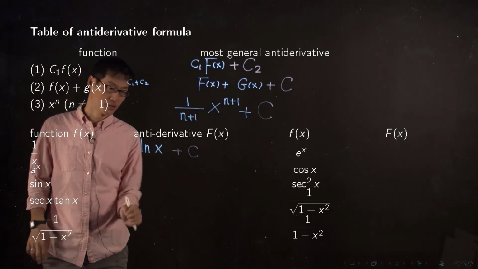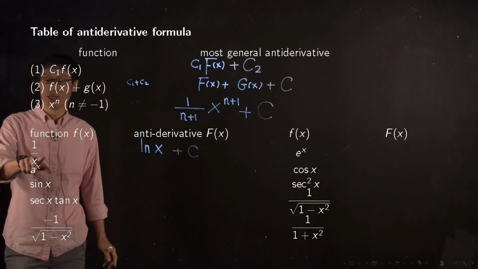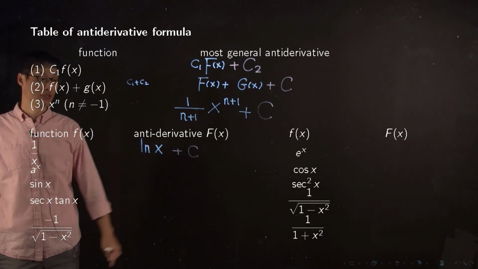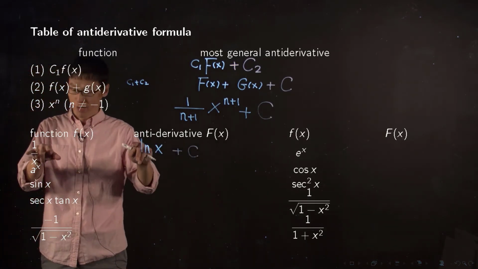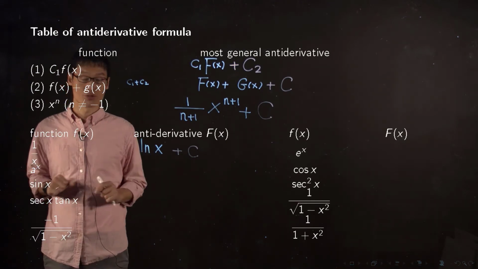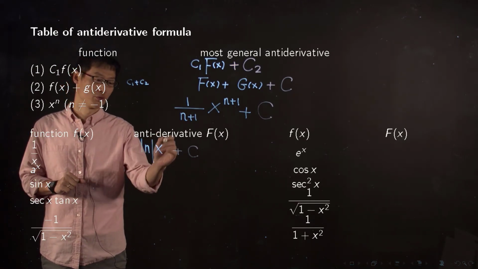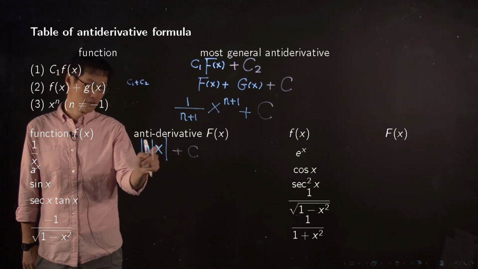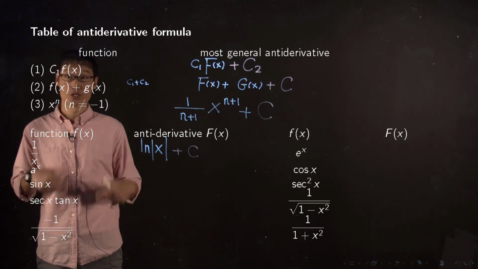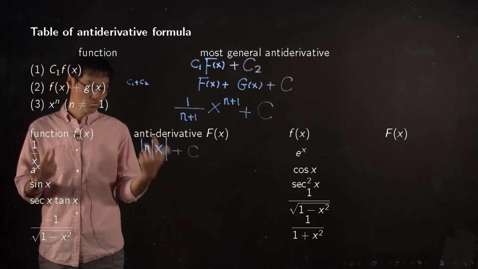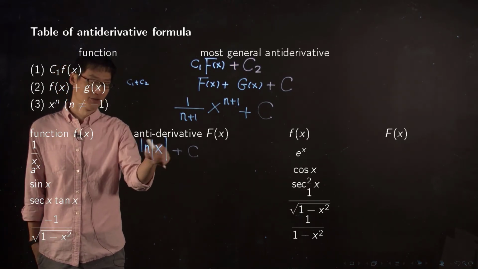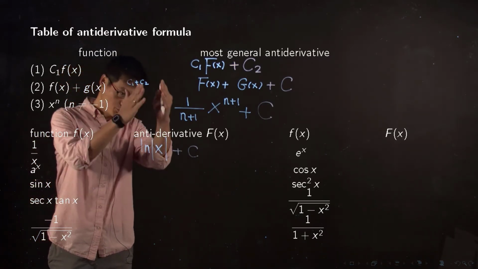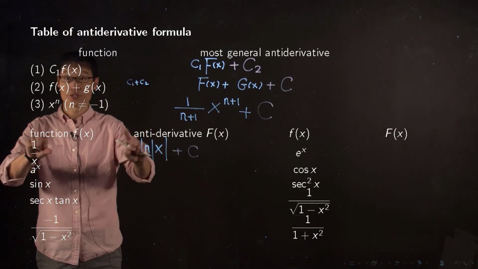Domain of ln x is just positive numbers, while domain of 1 over x is all real numbers but 0. So we want to match the domain of those two functions, and that's why we want to put the absolute value symbol. When x is positive, derivative of ln is 1 over x, and it's possible to show that even when x is negative, derivative of this is 1 over x. So again, don't forget to put the absolute value symbol to have the same domain.